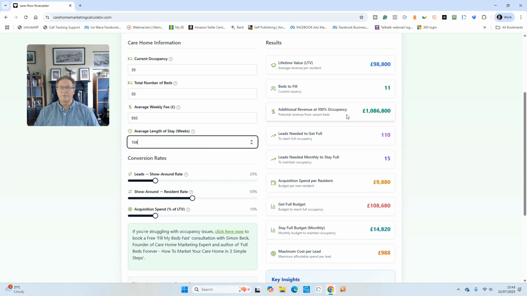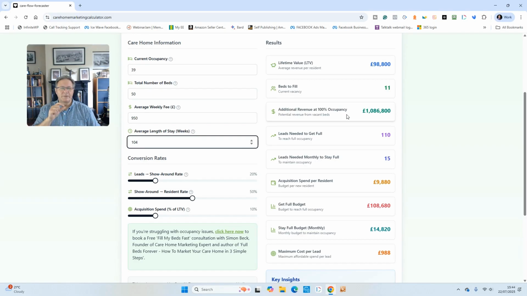Another thing which is really important to grasp is that most of the profit that you make in a care home is in the last 20% of beds that you fill. So it's between 80% occupancy and 100% occupancy. That's because the vast majority of your costs are fixed costs, so you have to cover them regardless of the number of residents that you have.